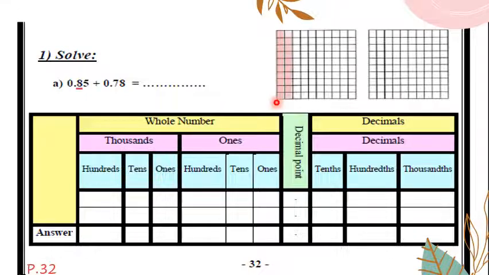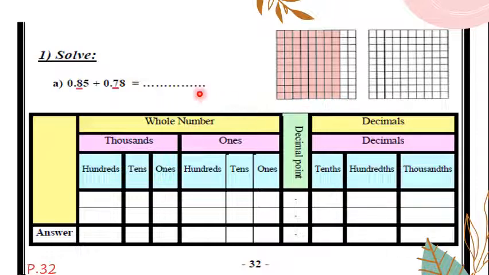10, 20, 30, 40, 50, 60, 70, 80. Then I'm gonna color what in the tenths in the other side? 7. So I'm gonna color also 7 columns.